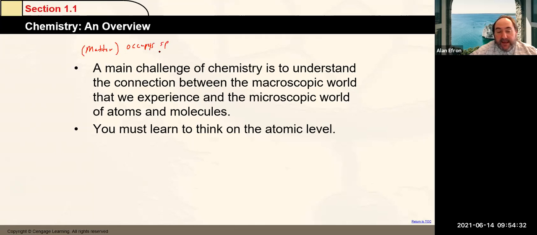When we talk about matter, there are three phases that we deal with a lot in chemistry, and that is solid, liquid, and gas. A number of the things we deal with involve the transition between those phases, going from solid to liquid to gas.